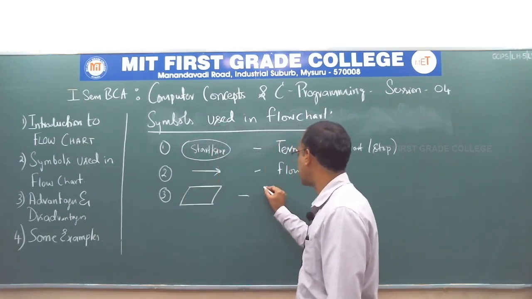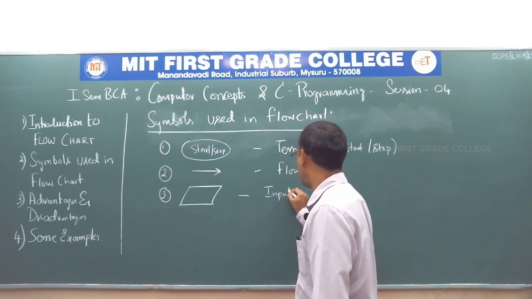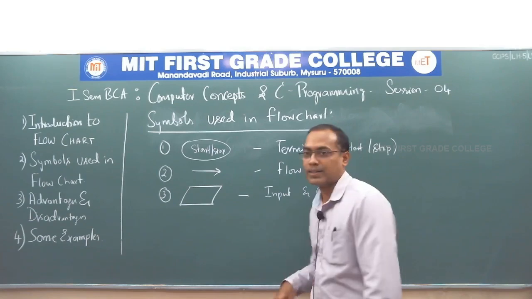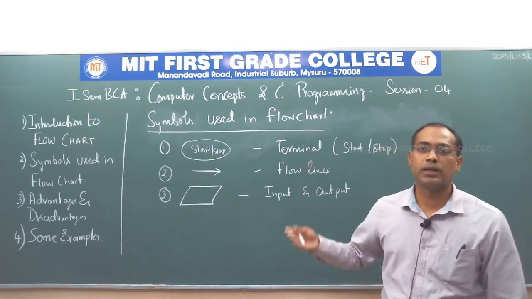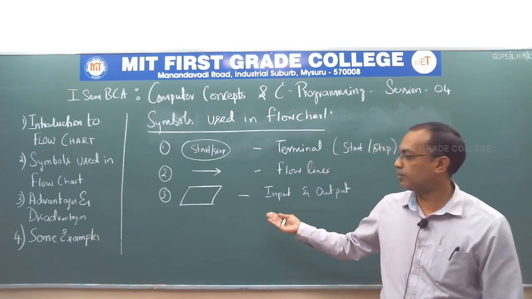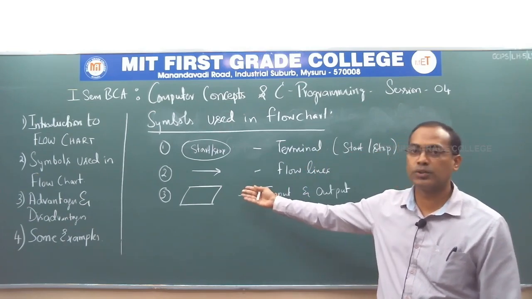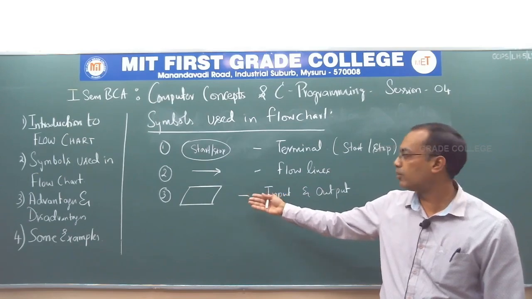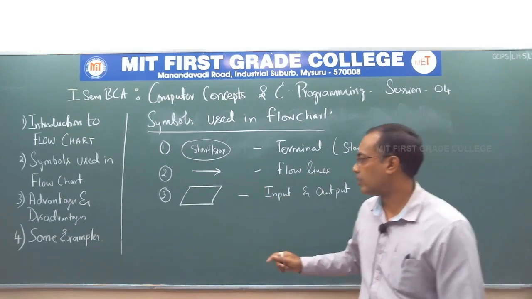This is used to represent input and output. Suppose you are supplying any input to the program or to the problem, then you are going to use this symbol. If the program or the problem is giving an output, you are going to use the parallelogram.